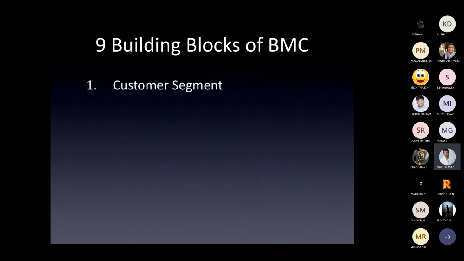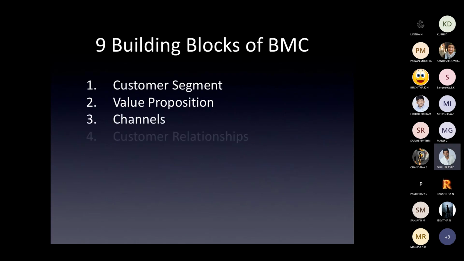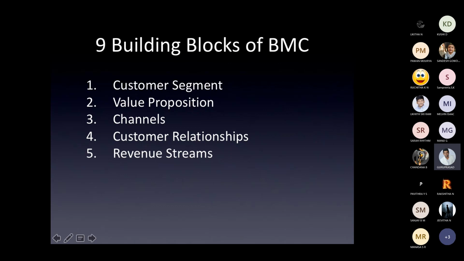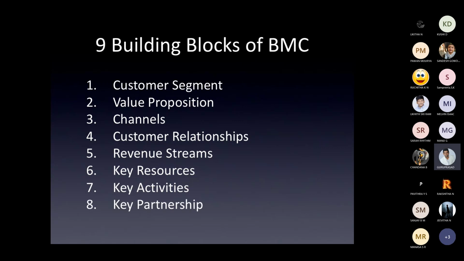First one is customer segment. Second is value proposition. Third is channels. Fourth is customer relationship. Fifth is revenue streams. Sixth is key resources, key activities, then key partnerships, then the cost structure.